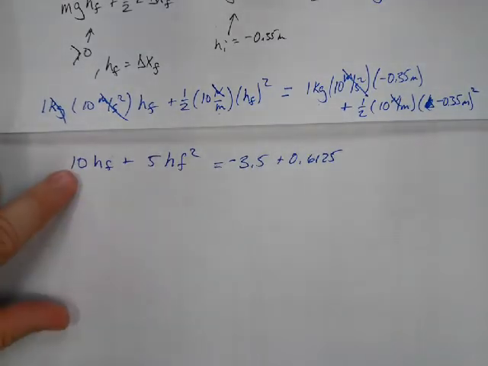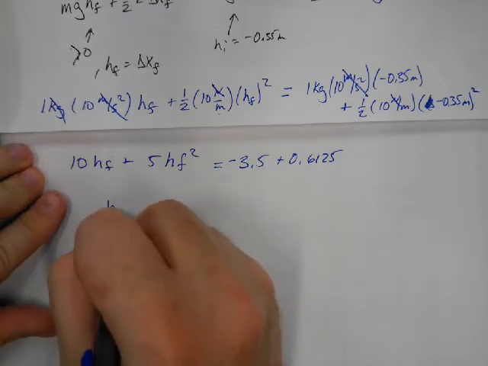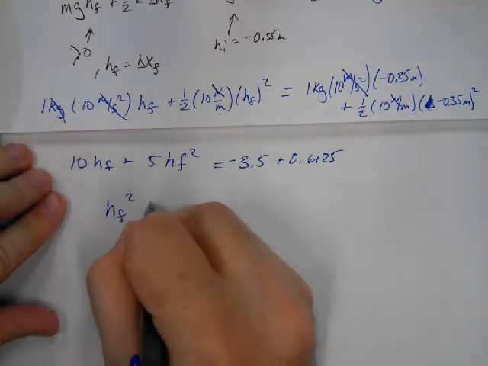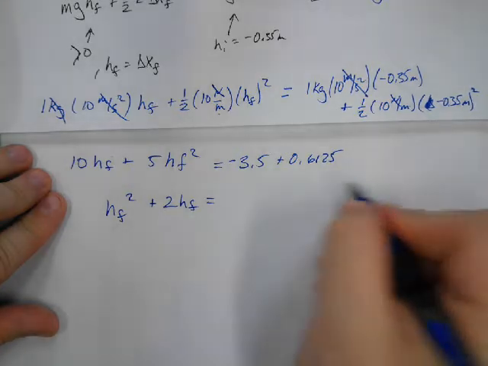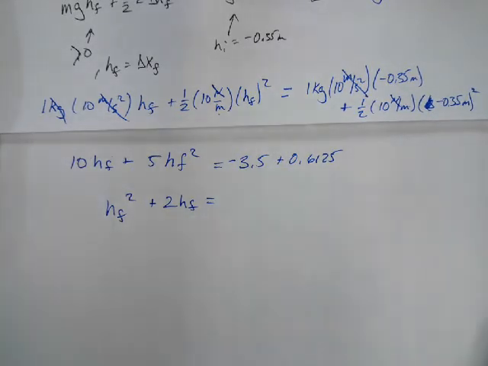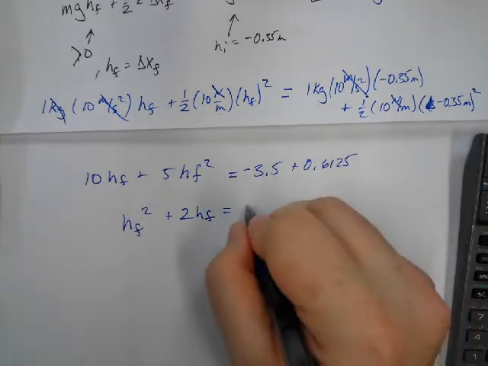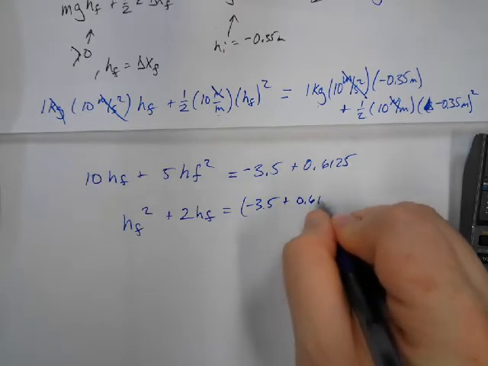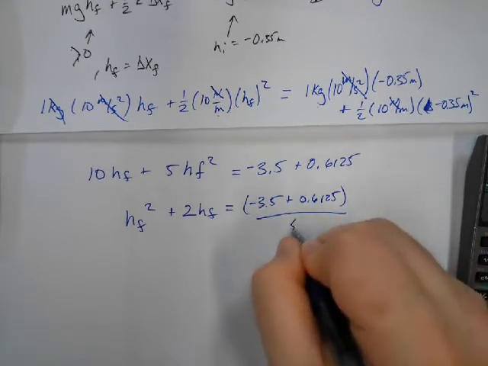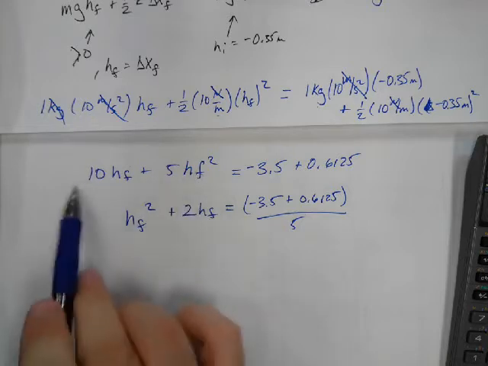And we can divide everything by 5. So h final squared plus 2 h final is, and then this side is minus 3.5 plus 0.6125 over 5. We're just cleaning this up a bit.